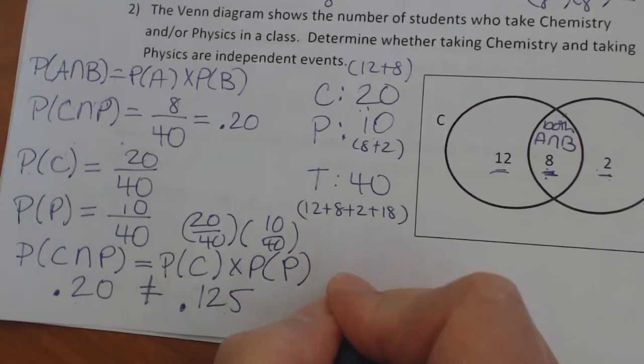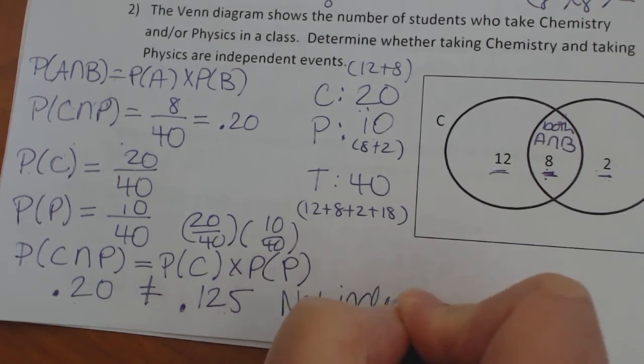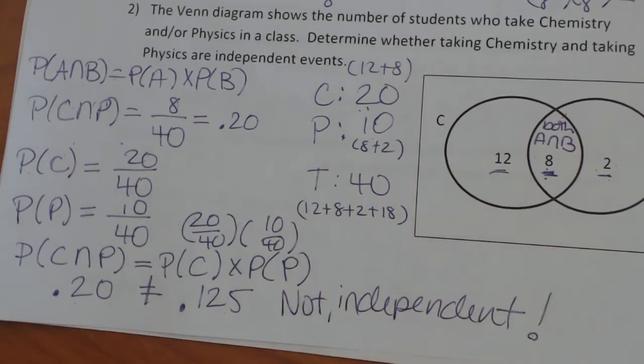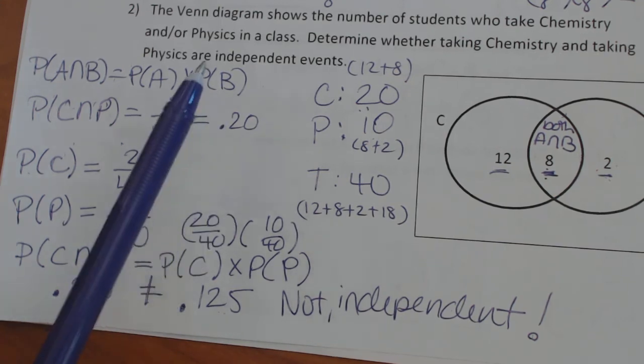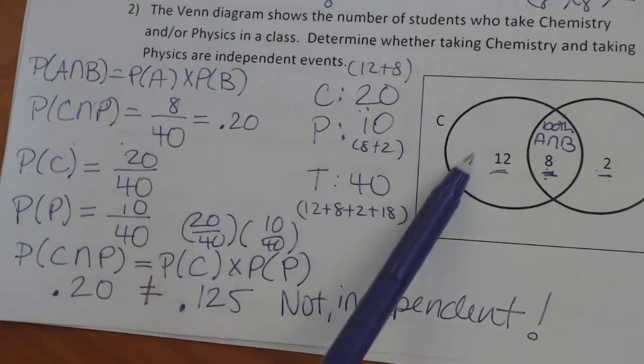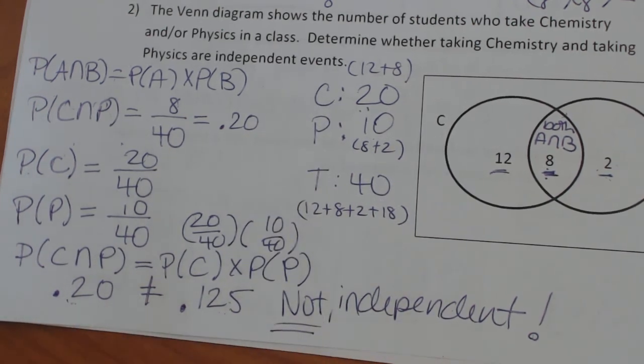Since they are not equal, we're going to write not independent. And so this work now proves that the events taking chemistry and taking physics are not independent. This proves it, because these two quantities are not equal.